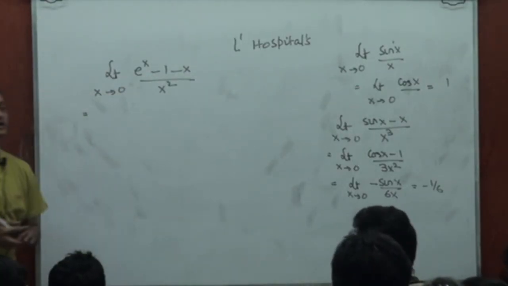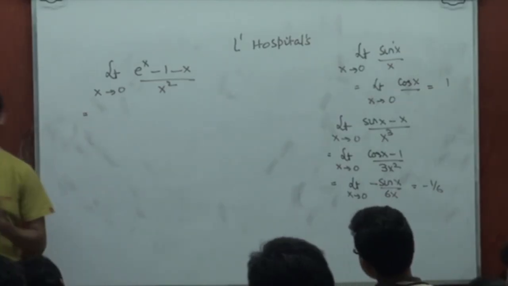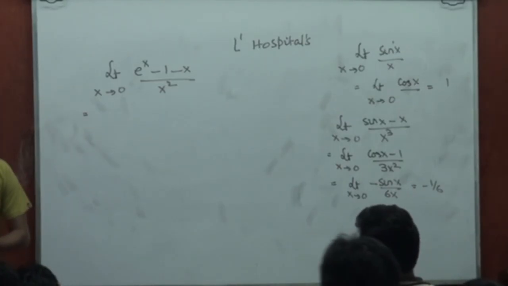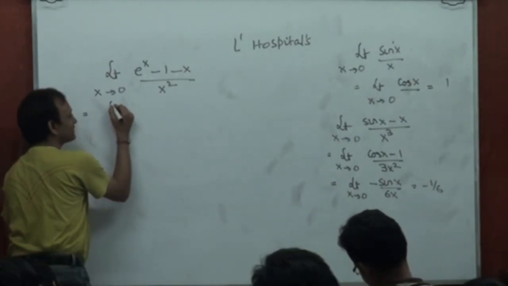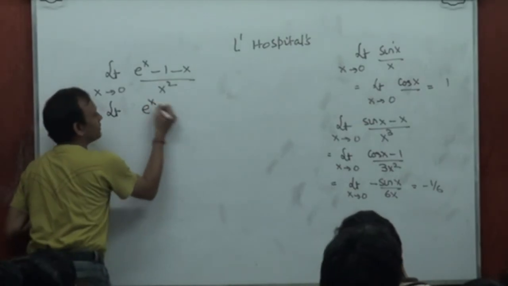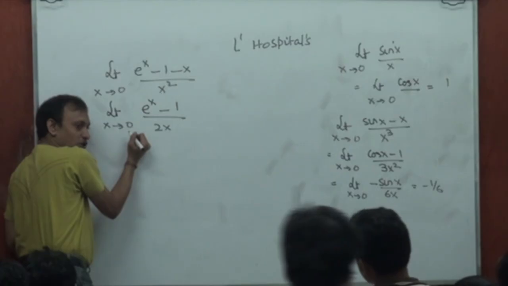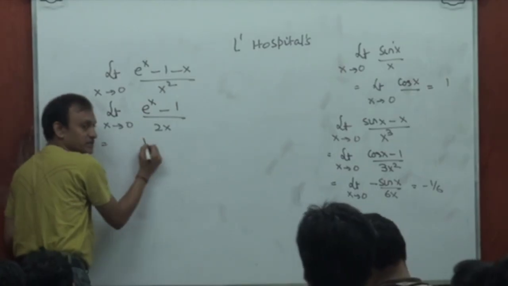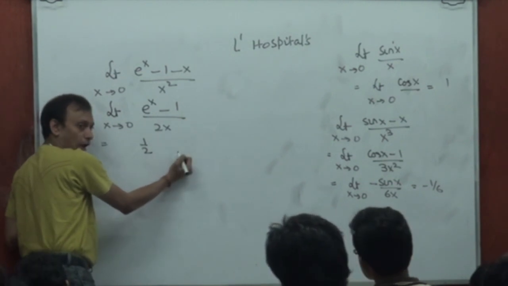In school they will call it L hospital. Doctors and nurses around in the form of teachers. So e power x minus 1 by 2x as x tends to 0. I can differentiate numerator and denominator to arrive at this, which obviously is half, e power x minus 1 by x as x tends to 0 is 1. So this is right.